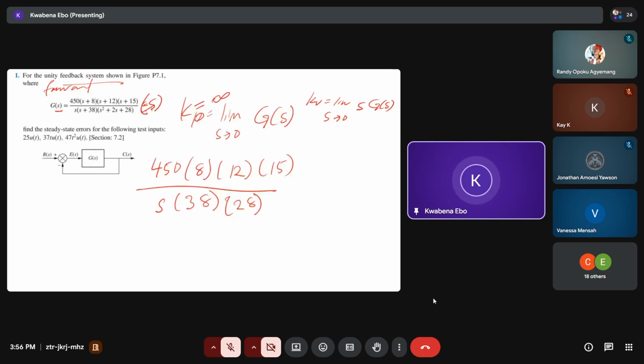Before we start, multiply it by s. This s will cancel this s down here. And after that, we'll do the limit part. Wherever we see s, we'll give it a zero. So therefore, our equation will now look like this, because the s here has been cancelled by the s that we multiply with. So now this is our equation.